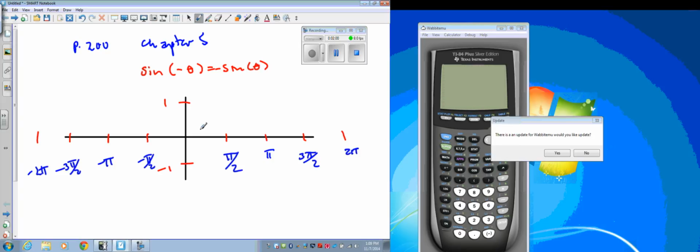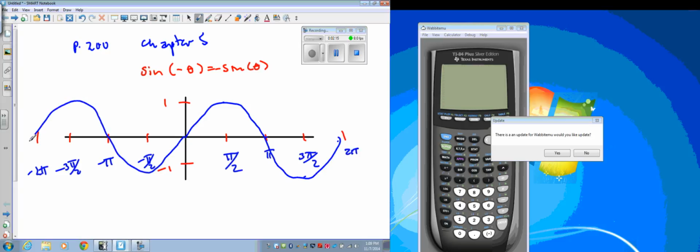If you think about the sine curve, it goes like this, so I'm not trying to be terribly accurate here. The negative theta would be along this line, right? Notice that if you go in this direction, this is going to be the value of the sine, for the distance from here to here.